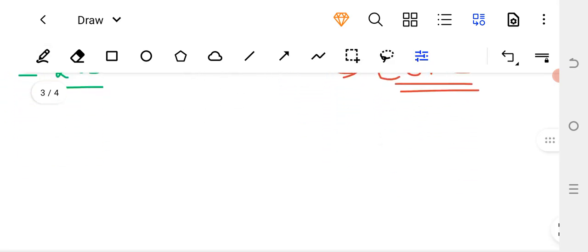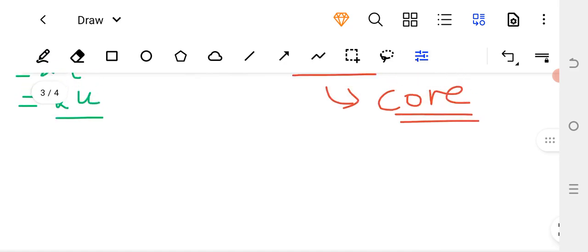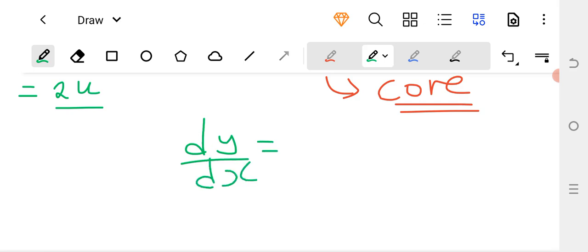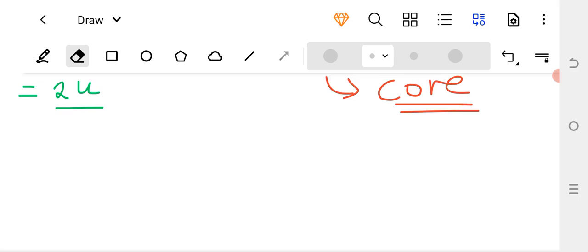So the formula for finding dy/dx is what? Let me write this in a different way so that it can make sense. So you have your core there, right?